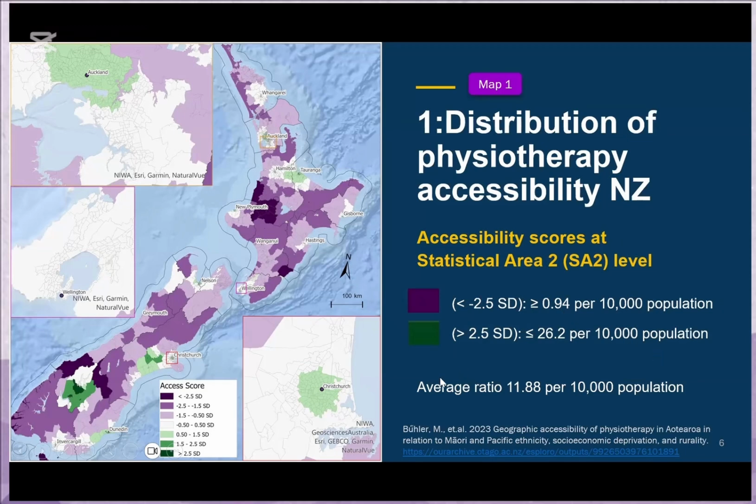In the areas of very high accessibility, which are the dark green areas, some down through here and a little up in the North Island, the weighted ratios were as high as 26 per 10,000 population, which is well up with the highest in the world from Scandinavian countries. The average ratio across the country was just under 12 per 10,000 population, which is somewhat higher than that in Canada, I believe, is around 7 to 8.